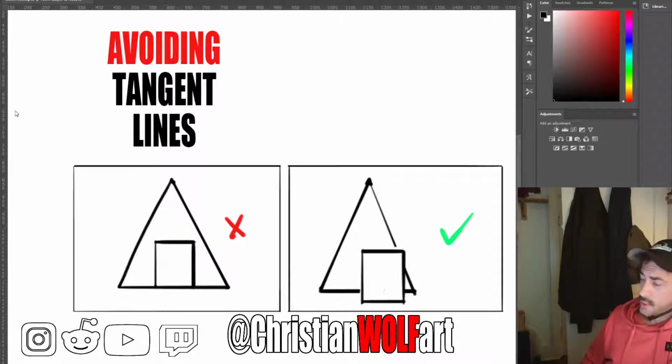We don't know if it's a cube built into the surface of that pyramid. We don't know if the box is sitting in front of the pyramid, right? It's hard to tell because of how we've drawn them right there. So that's why I put the X beside it.